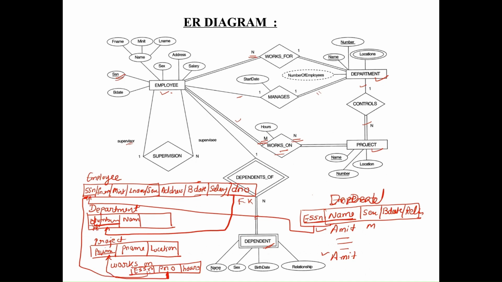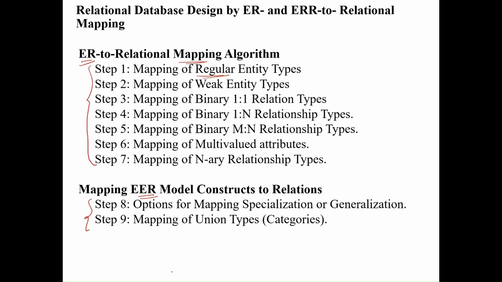So in works on, this ESSN and PNO together become the primary key because both are reference keys or foreign keys. So this is the rule for many to many. That is given here in this rule, 1 to 1, many to many.